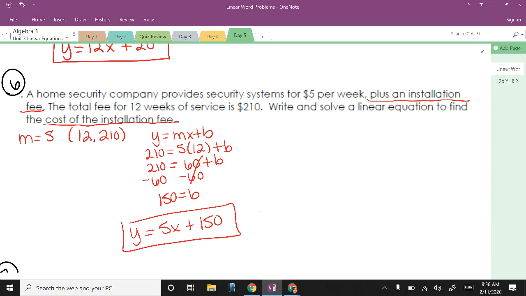Yeah, the installation fee is your B, is it not? Do y'all see that? The very first sentence. The security company provides security systems for $5 per week plus an installation fee. Well, that was there, wasn't it? So when we got B, we found the installation fee. So the installation fee is $150.